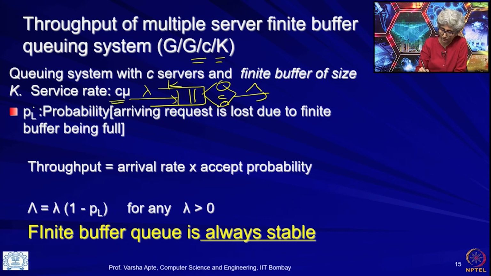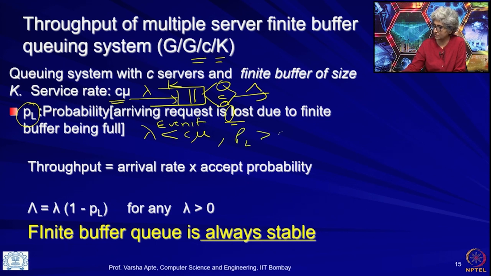And this buffer size is K. Now, remember I was talking about the metrics earlier, I had shown a table. P sub L is the probability that an arriving request is lost. Remember that L is for lost due to finite buffer being full. Remember that this can happen in a queuing system even if lambda is less than C mu. PL can be greater than 0, that is because we are assuming some randomness.